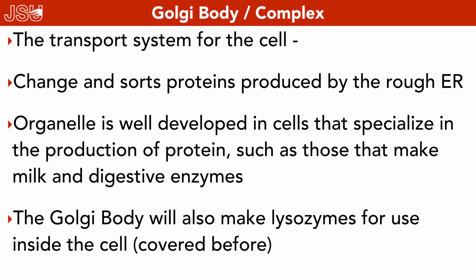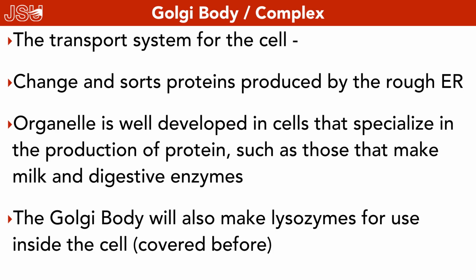Modification means that when things come in, there are going to be a few modifications to what comes in. When it transports it, it's going to release it with those modifications. Think of UPS: you ship something via UPS, and what does UPS do to that product? It directs it to a certain place, right? Well, it's similar, because the Golgi body is going to direct your products to certain areas.